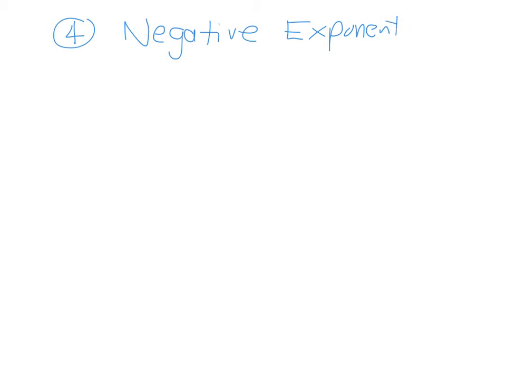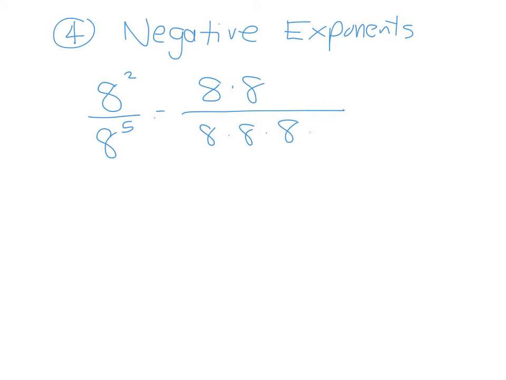Okay. Now the last thing that we're going to learn is the hardest part. The fourth thing in this section is negative exponents. And again, you were exposed to this last year, so maybe you'll remember some of it. So I'm going to do it the long way. First, if I had 8 squared over 8 to the 5th, well, this would give me 8 times 8 on the top, and this would give me 5 of them on the bottom.